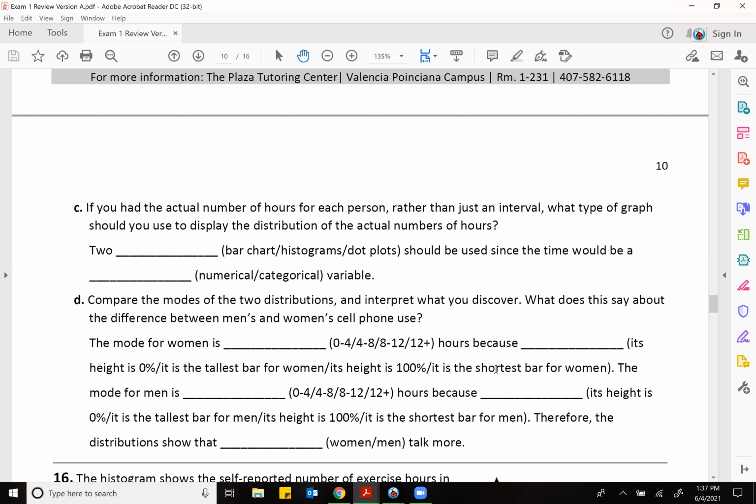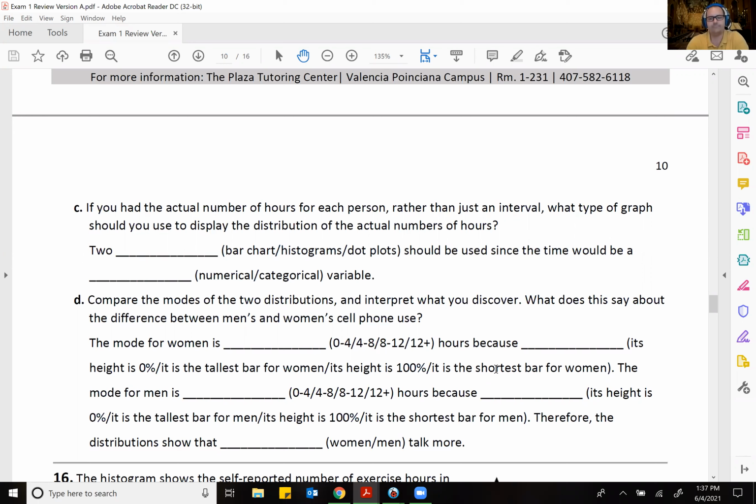Would dot plots also be a complete answer? Let's make sure I read the question. It's unfortunate that they put both of those on. I think the better display, and what they're really trying to get at, would be the histogram. So think in terms of the better display for this.